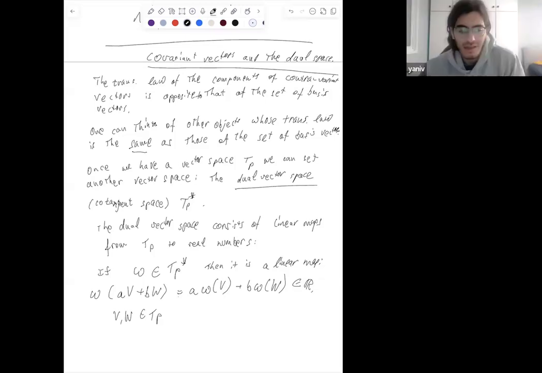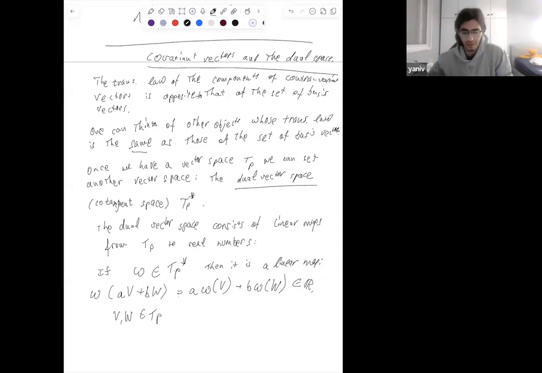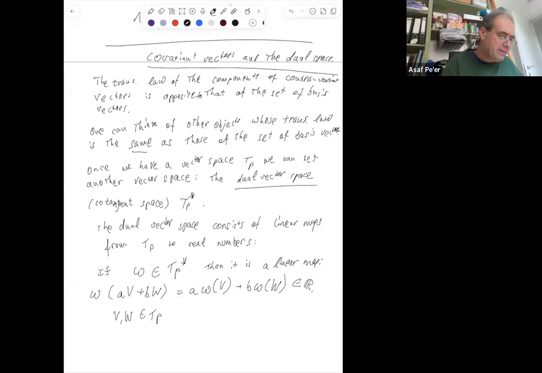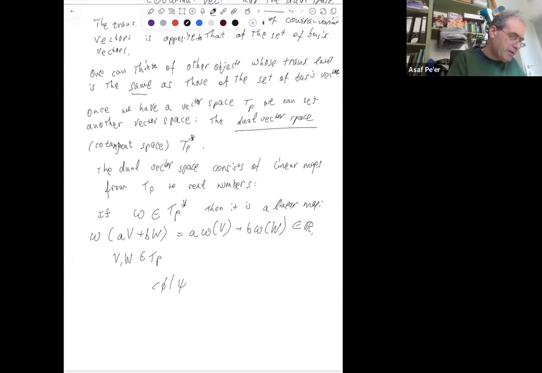Right. Can you repeat that? You said they are like the bras and the kets. Well, in the same sense, you can think of a bra and a ket, phi, psi. This is a complex number.